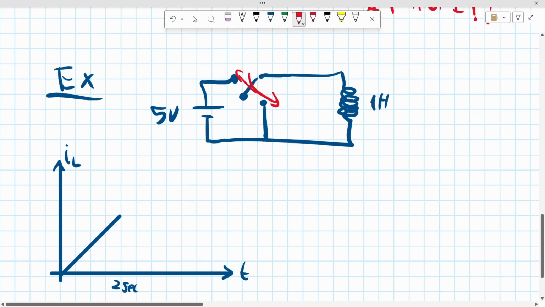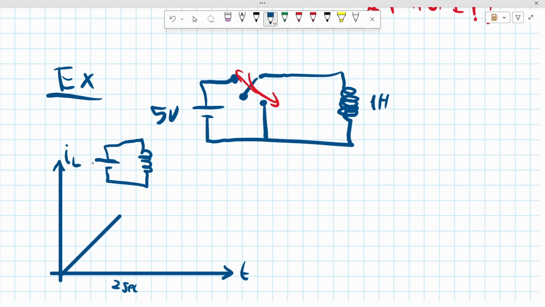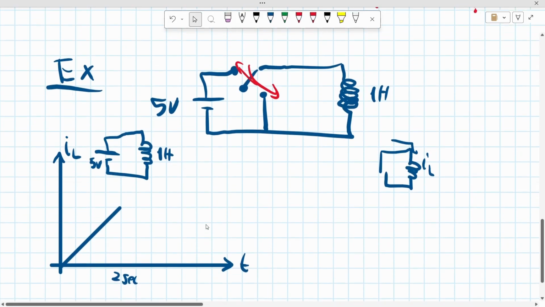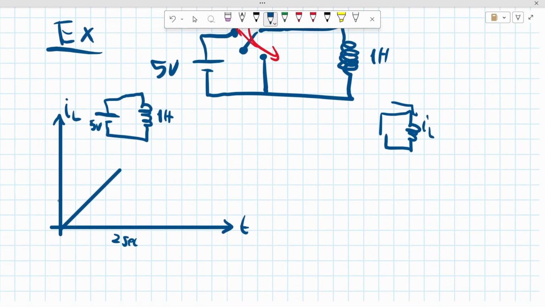When we switch it here, this is the circuit when it is like this, 5 volts and 1 Henry. When the circuit is like this, but there was initial current inside the inductor, we kept it for 2 seconds, so the inductor current would ramp up to 5 and then 10.